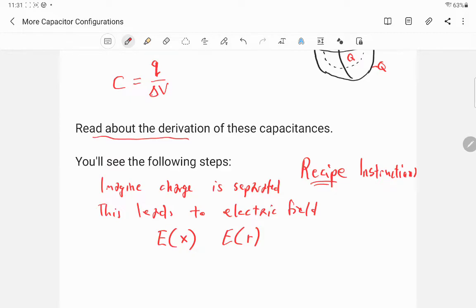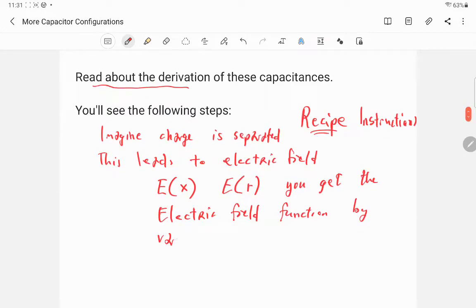And so you get the electric field function by various means, including Gauss's law.